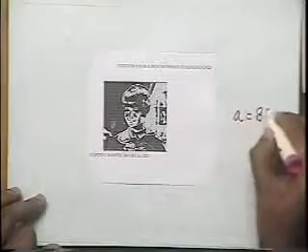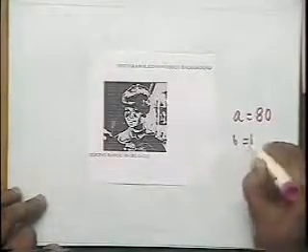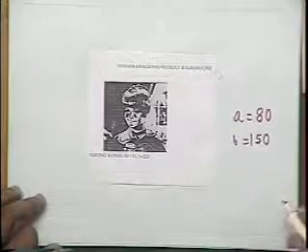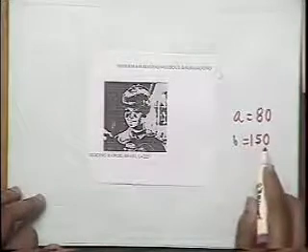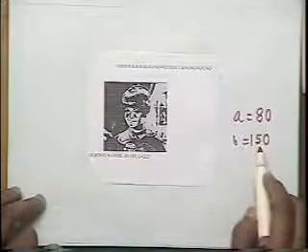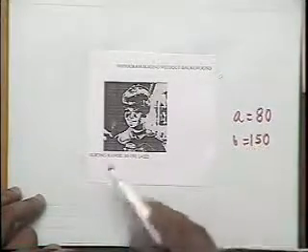Now the slice range, in this case, what we have chosen, A we have chosen as 80 and B has been chosen as 150, and we have converted all the pixels in the range of 80 to 150 to intensity value equal to 255, so 225 rather.